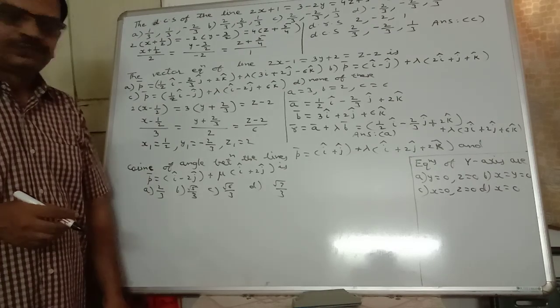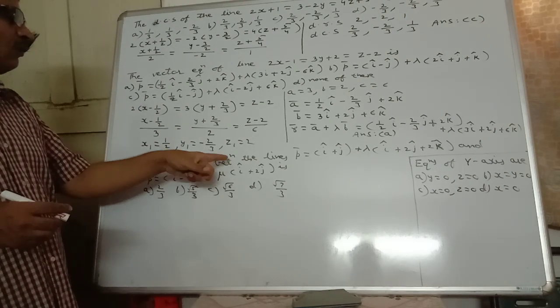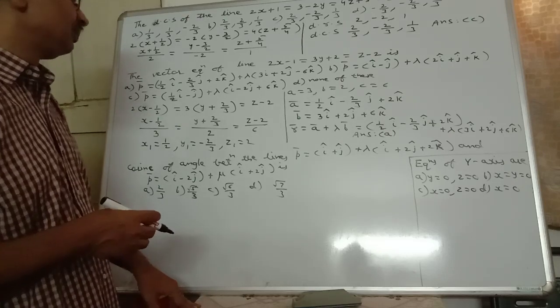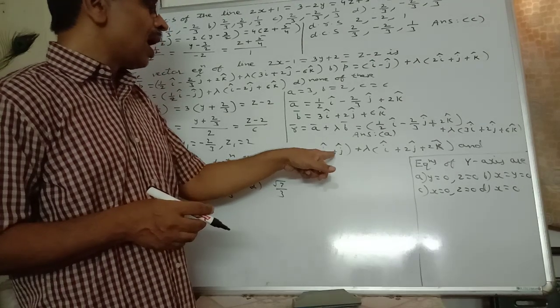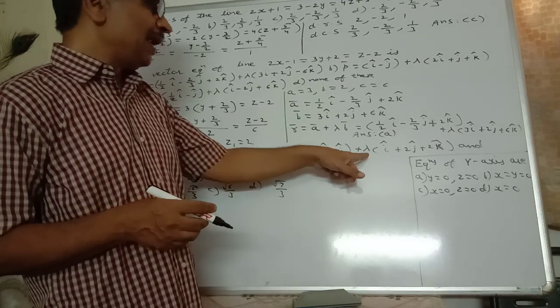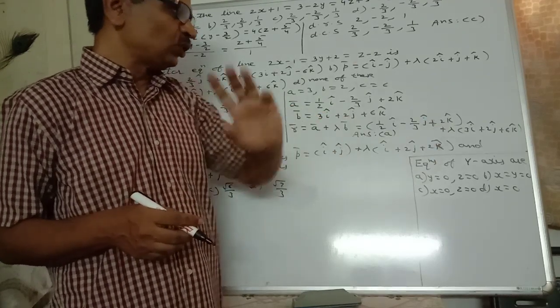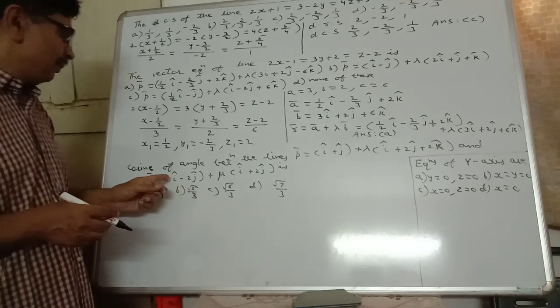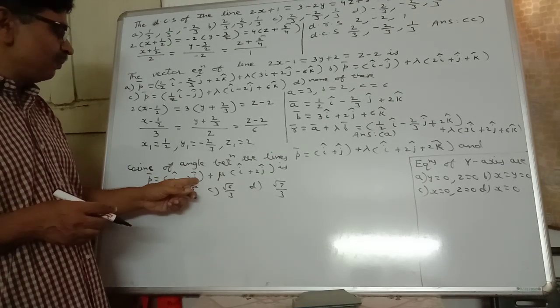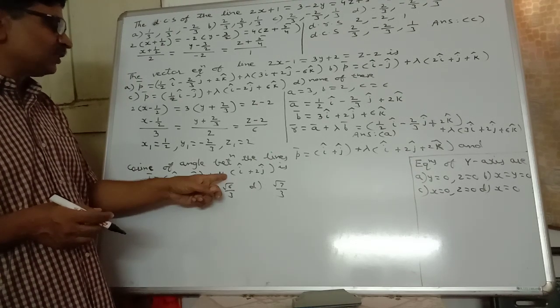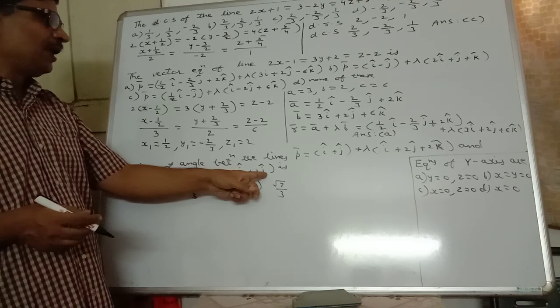Next example: cosine of the angle between the lines r bar equal to i plus j plus lambda into bracket i plus 2j plus 2k, and r bar equal to i minus 2j plus mu into bracket i plus 2j.